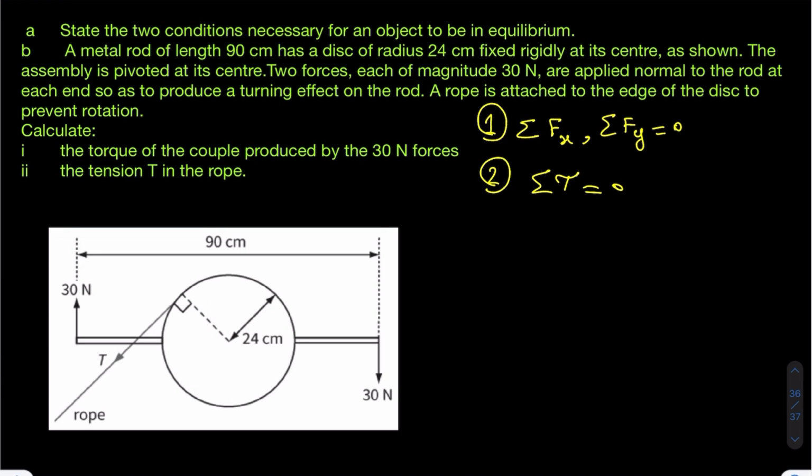So part B is explaining about this figure, in which a disc is attached to a rod with the length of 50 centimeter and the radius of this disc is 24 centimeter. And there are two forces acting on this rod in opposite direction, which both create a moment of force, or a torque, which is a torque of a couple.